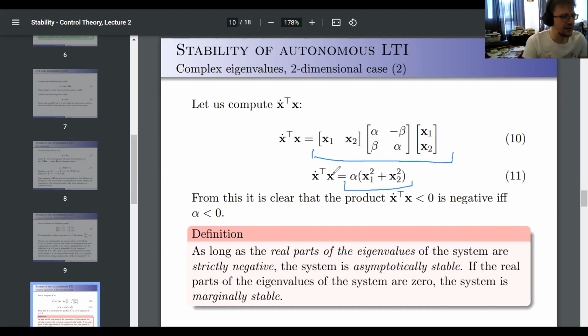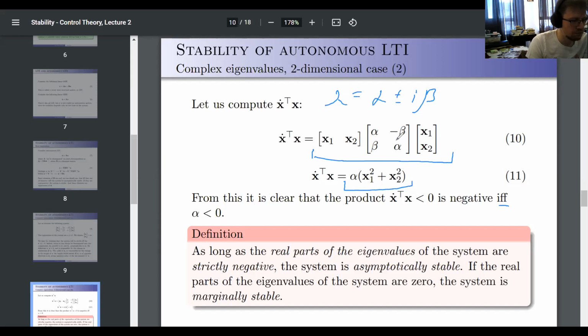Looking at this expression 11 now, what you find is it is going to be negative if and only if alpha is less than or equal to 0. But alpha is the real part of the eigenvalue of this matrix. Eigenvalues of this matrix are alpha plus minus i beta.